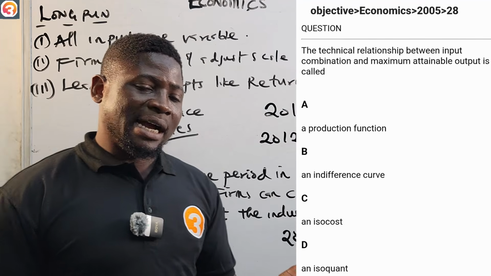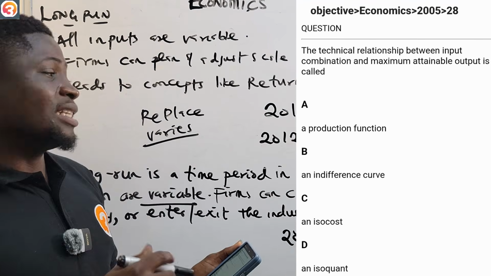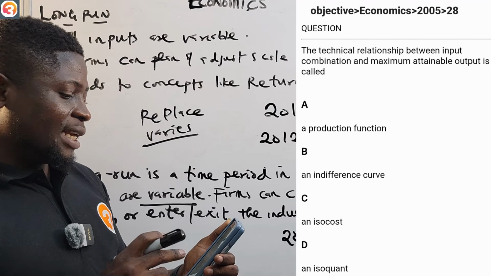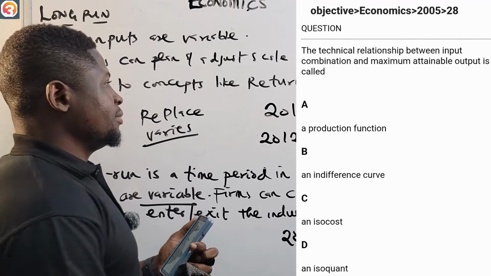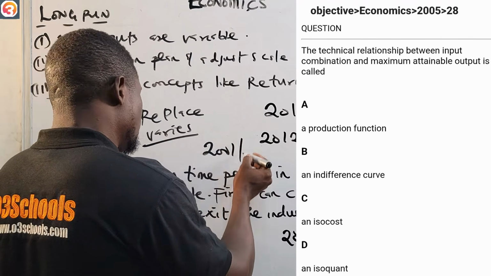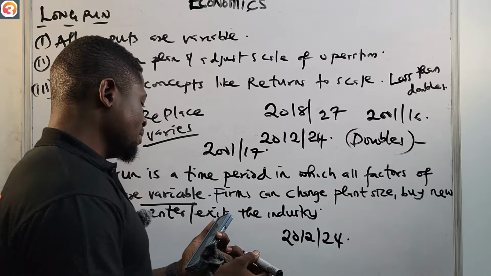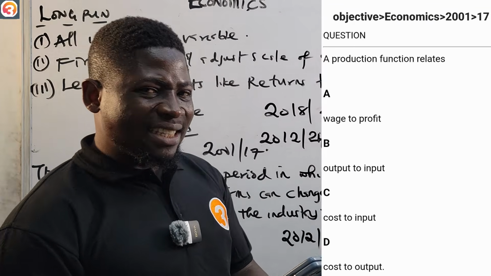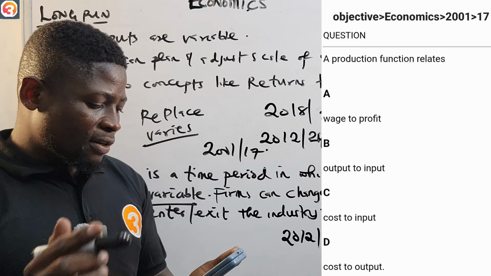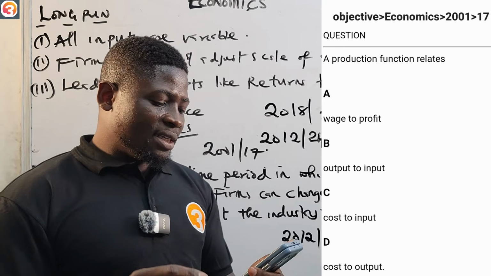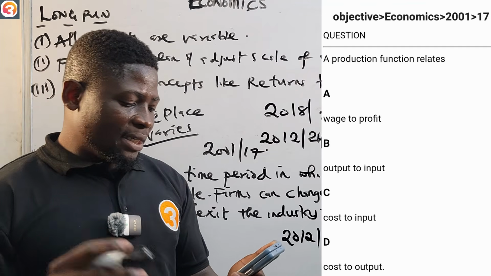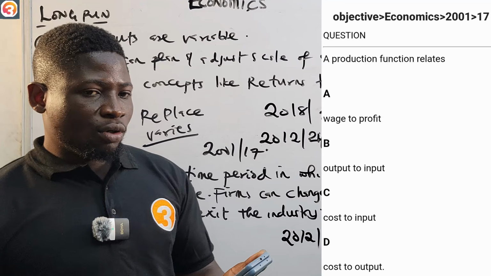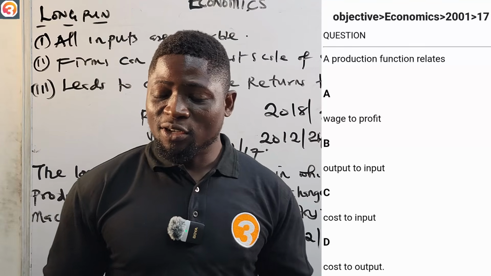We'll talk about isoquants very soon, but choose the correct answer and put it there. Then 2001 number 17 says that a production function relates: A, wages to profit; B, output to input; C, cost to input; D, cost to output. You tell us the answer in the comment section.